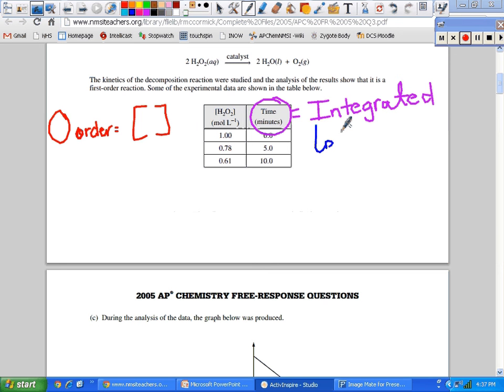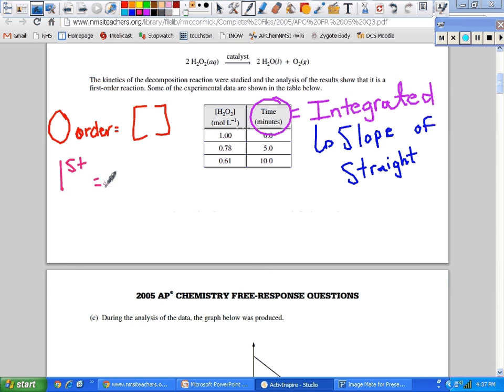If it's zero order, just the concentrations will do it. If it was first order, it was the natural log of the concentration. And if it was second order, it was the reciprocal of the concentration.